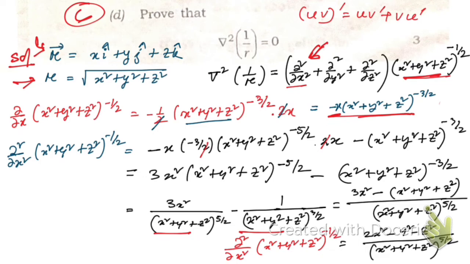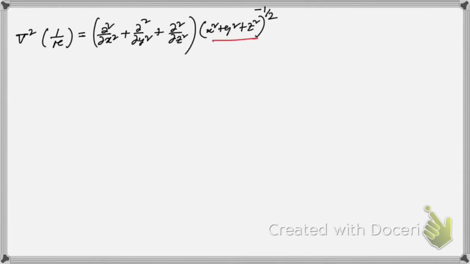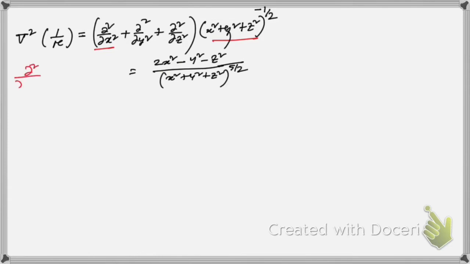Similarly, let me copy this equation and this result and paste it on the other slide. So this is our second order derivative of 1 by r with respect to x.